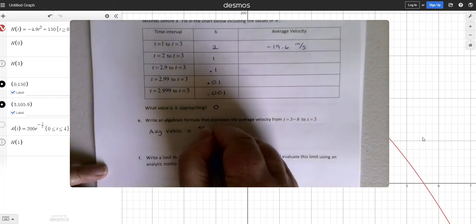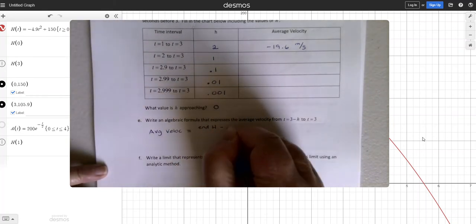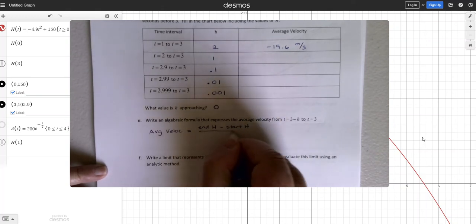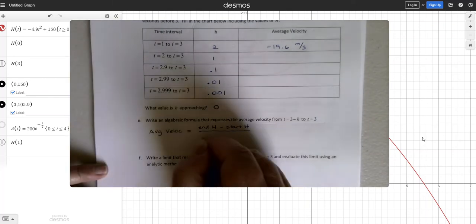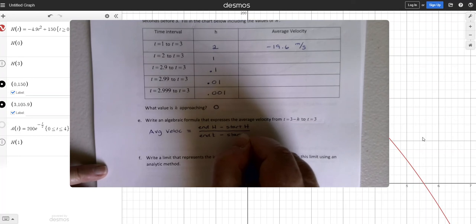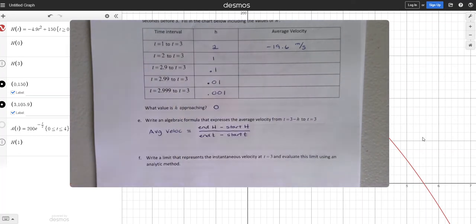Just rewrite that. Ending height minus starting height to get the distance the object fell, and ending time minus starting time to get the amount of time that the object fell for.